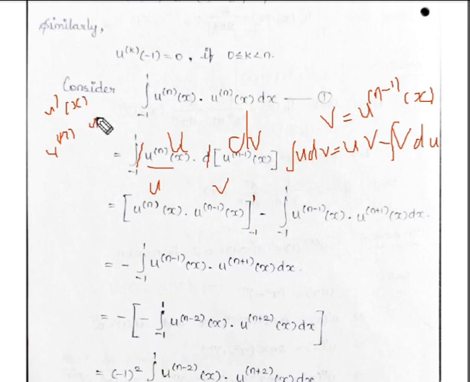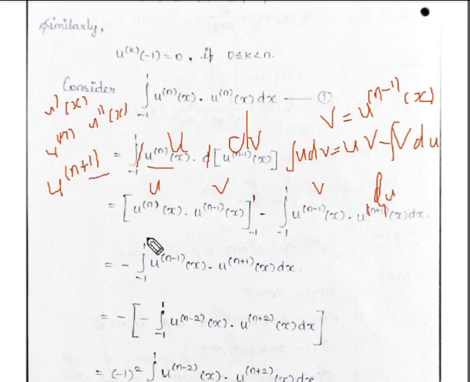In the same way, if we differentiate u power nth derivative, what do we get? u power n plus 1 derivative. So this is v, this is du. Since it is written in brackets, this is not a power, so we should not differentiate it like n into something. It is a derivative, so differentiating next gives u power n plus 1. This is the vdu.